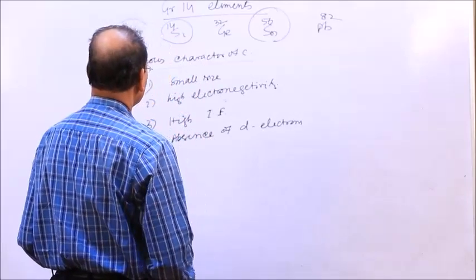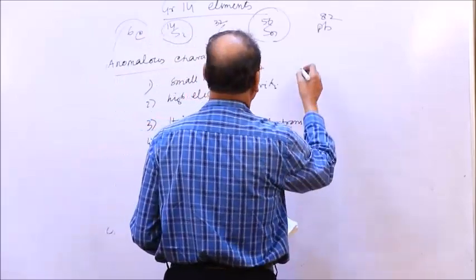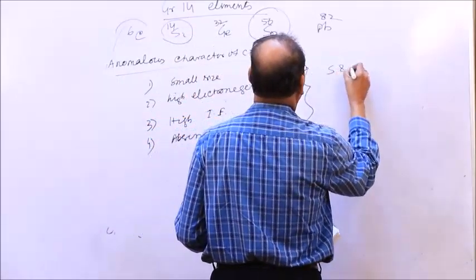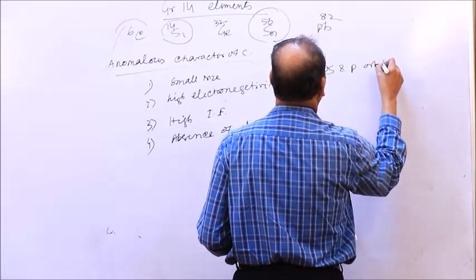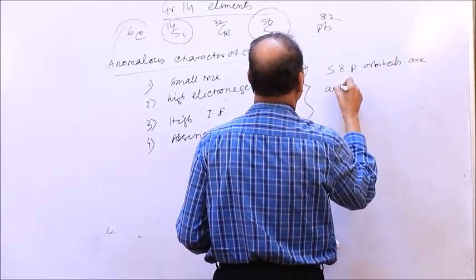So only s and p orbitals are available for bonding.